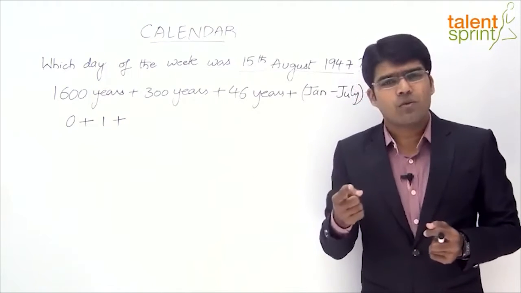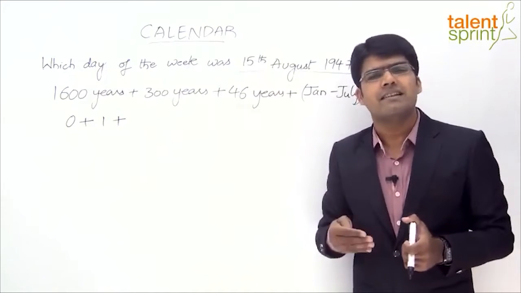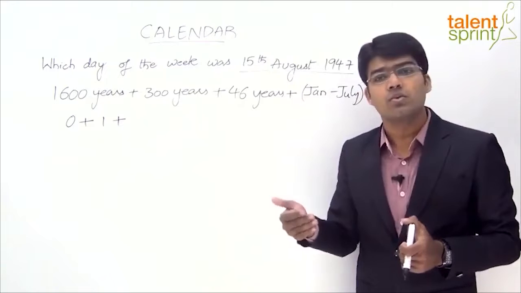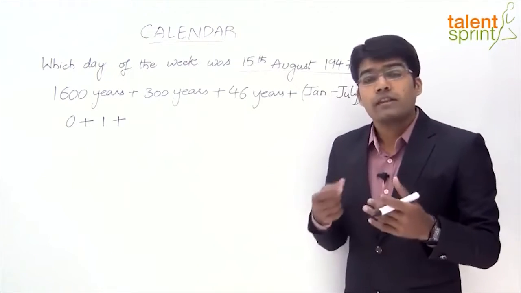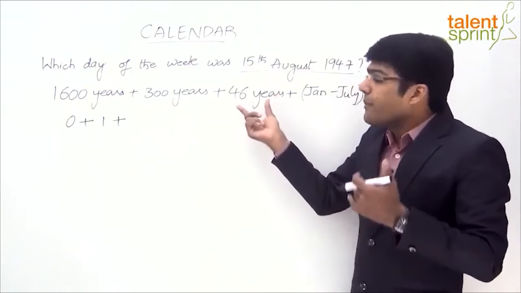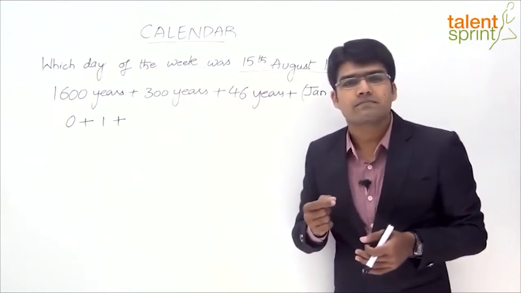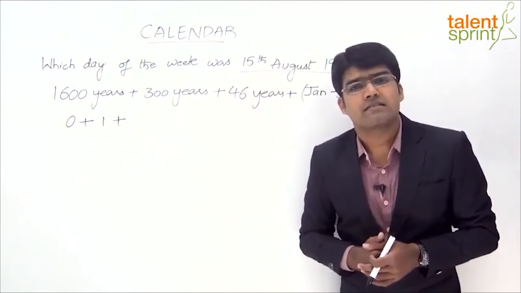So 1904 was a leap year, then 1908, 1912, 1916, 1920 and so on. 1924, 28, 1932, 1936, 1940, 1944. So all we need to do here is understand how many exact multiples of 4 we have in these 46 years.